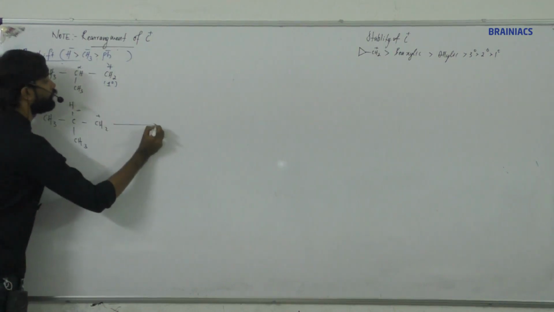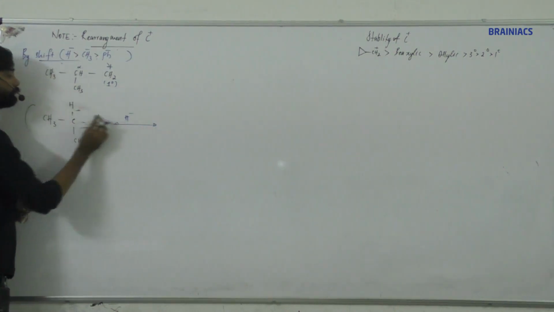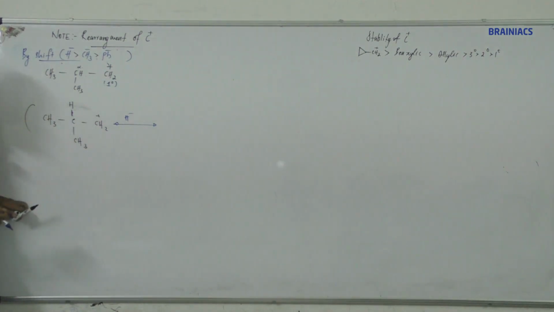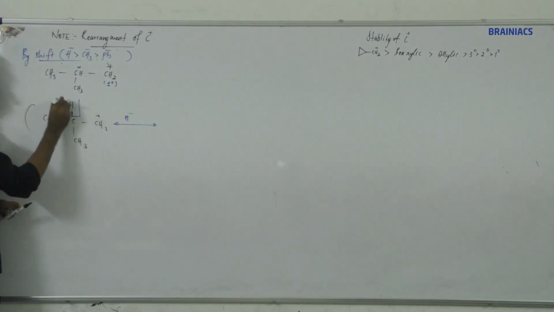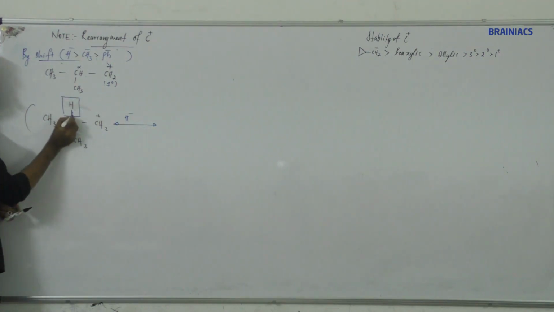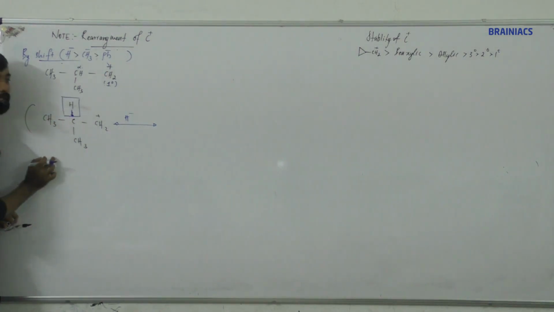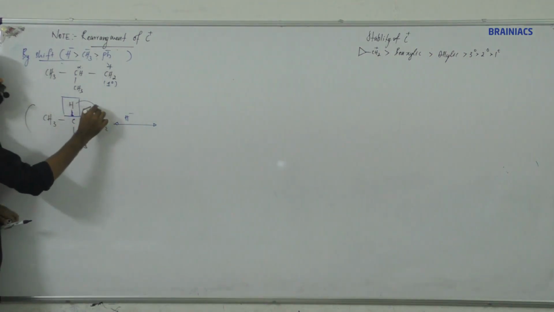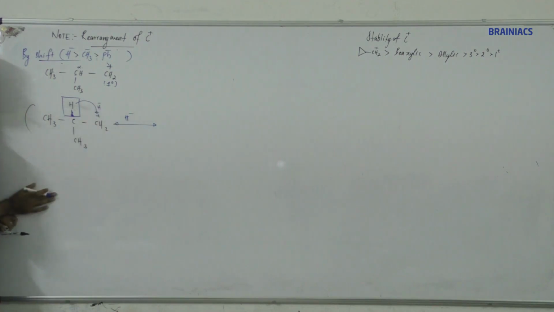Listen carefully. Hydride shift means hydride, H minus. It's not H or H plus, H minus. If this hydrogen brings this electron, then it becomes H minus. This entire H minus shifted to this one.